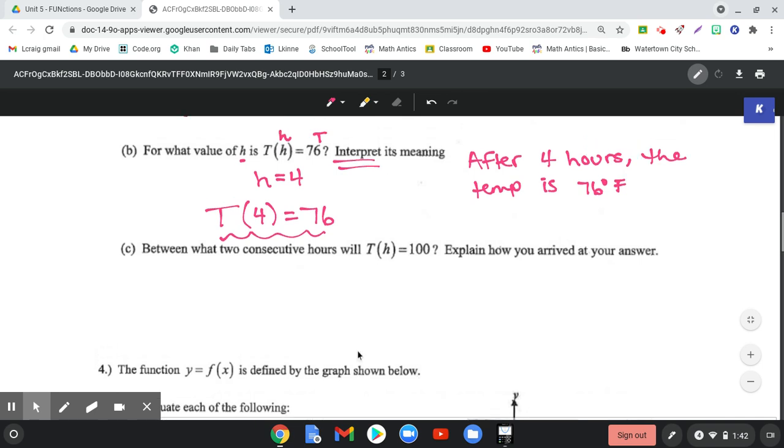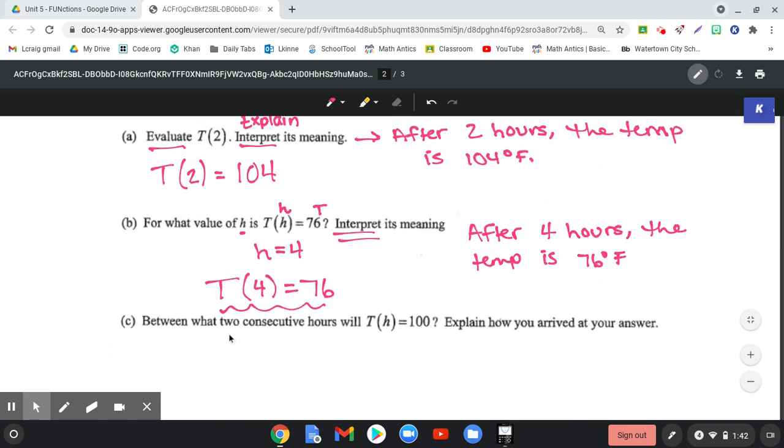All right. In the last one, it says, between what 2 consecutive hours will the temperature be 100? And explain. Well, first of all, consecutive, we heard that word back in Unit 1, means 2 numbers in a row. So between what 2 hours will the temperature be 100?